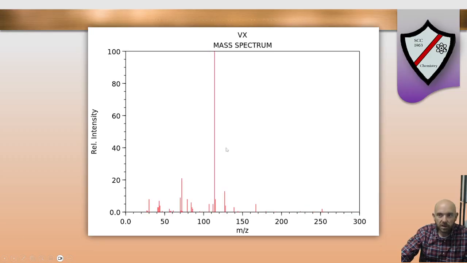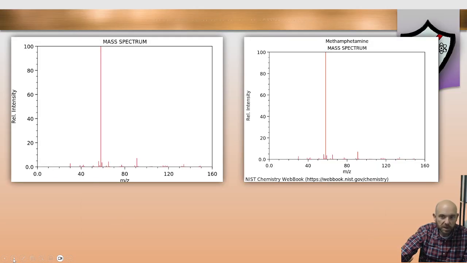And then finally, we were concerned it could have been the very deadly VX nerve gas. And there is a large base peak on here like we see on our graph, but the molecular weight of the VX compound is 251, so that's a pretty good indication that that's probably not a good match there.